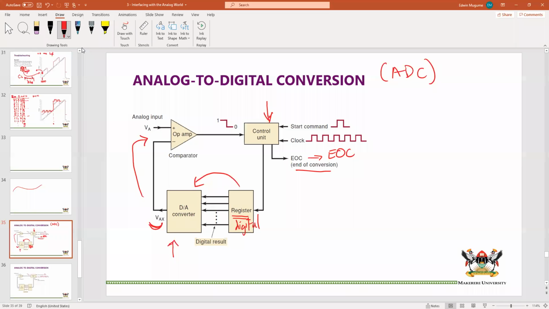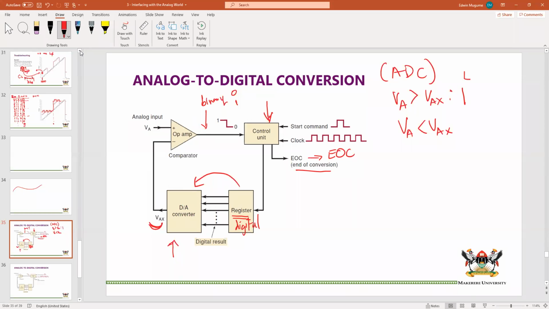This goes into a comparator and is compared with VA. Here we get either a high or a low, so the output is binary. It is either 0 or 1.